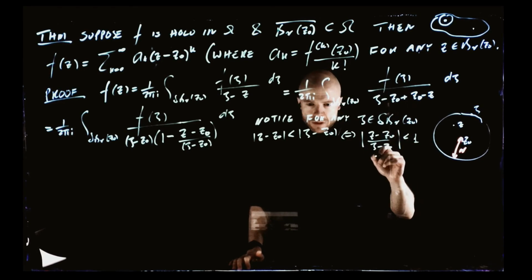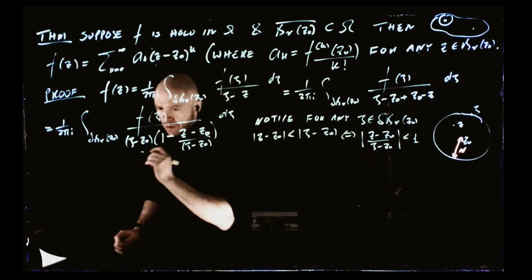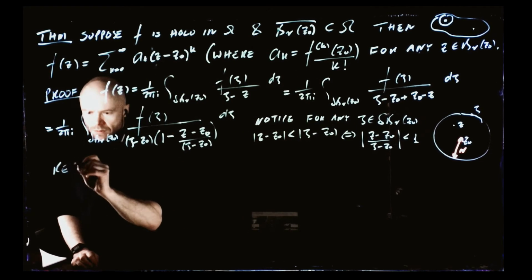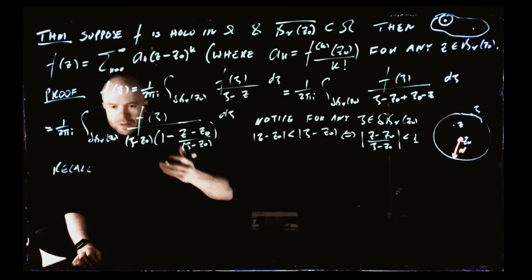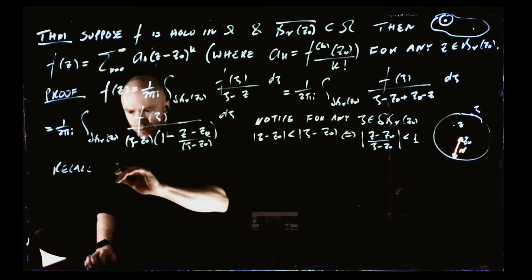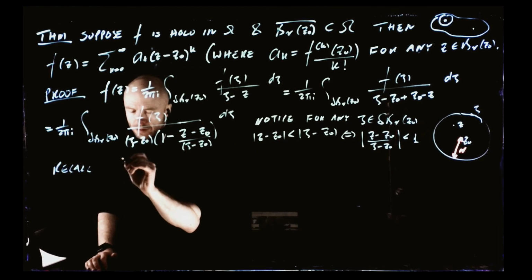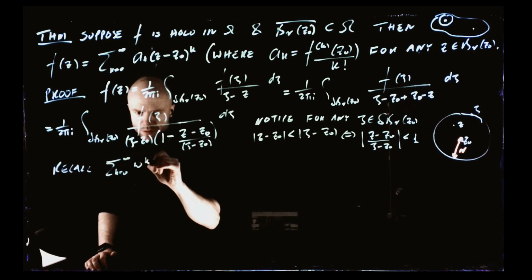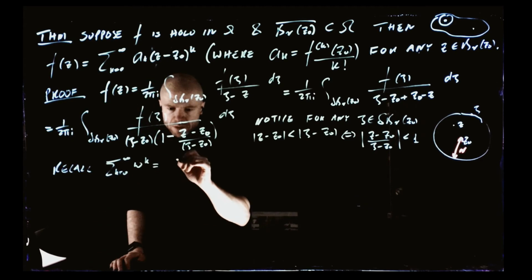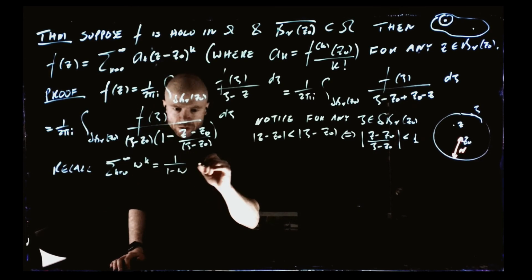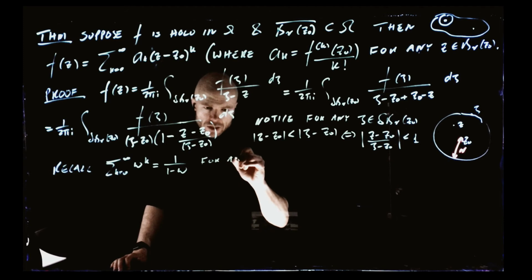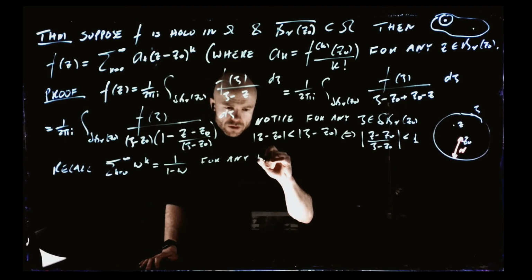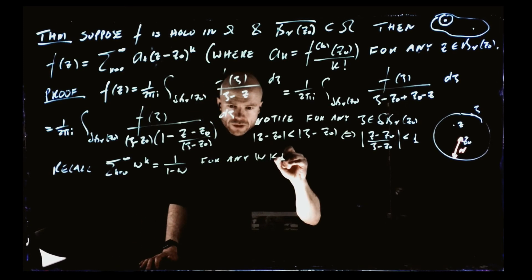Now, recall this formula for the geometric series. We already talked about it, we actually proved it, that if we take any complex number, let's call it w, the sum from k equals 0 to infinity of w to the k is 1 over 1 minus w for any w with absolute value strictly less than 1.